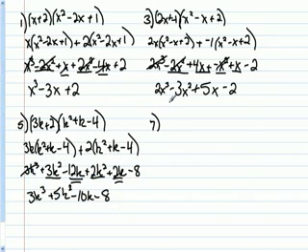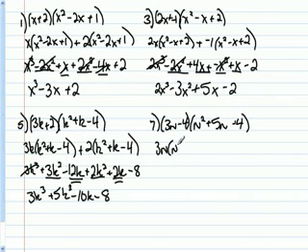Number 7 is 3n minus 4 times n squared plus 5n minus 4. Oops. So again, split this up so that I have 3n times n squared plus 5n minus 4.